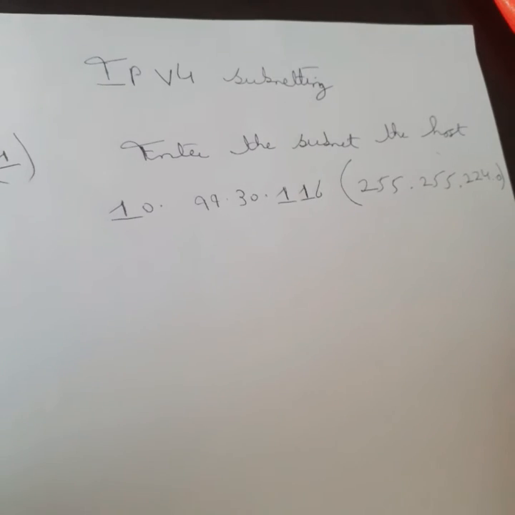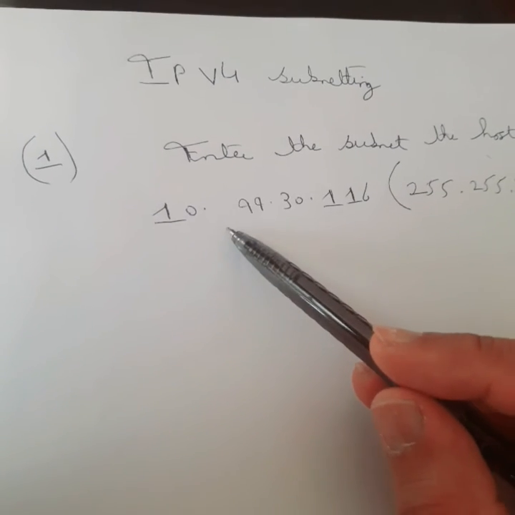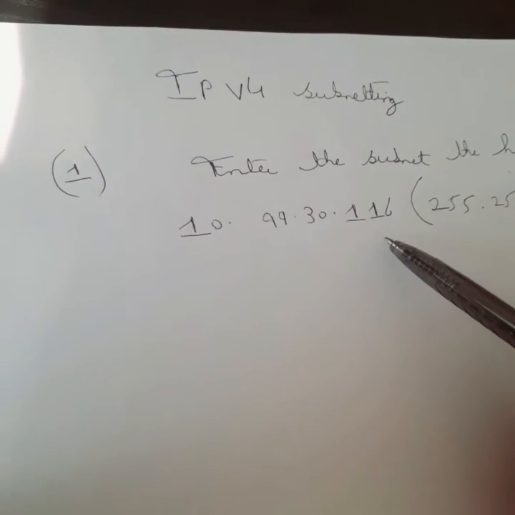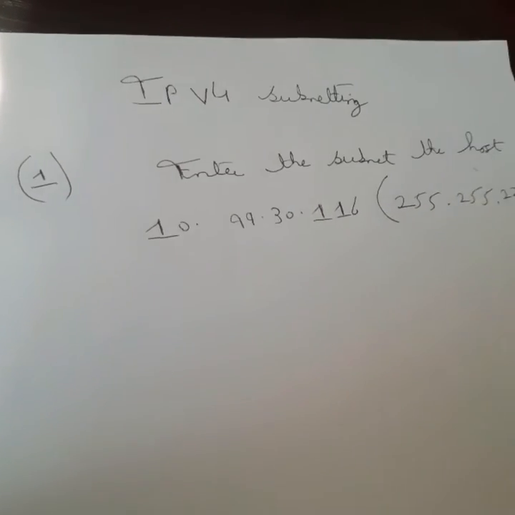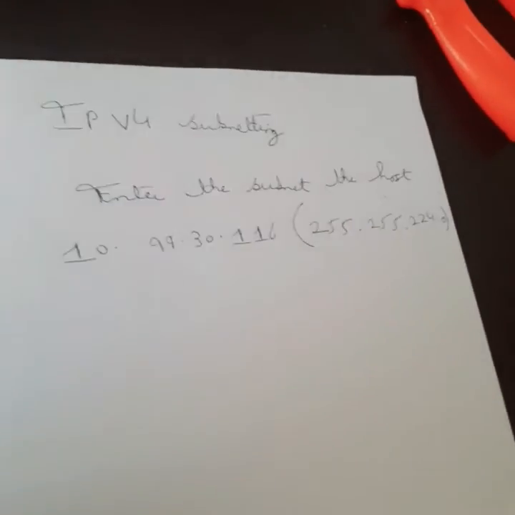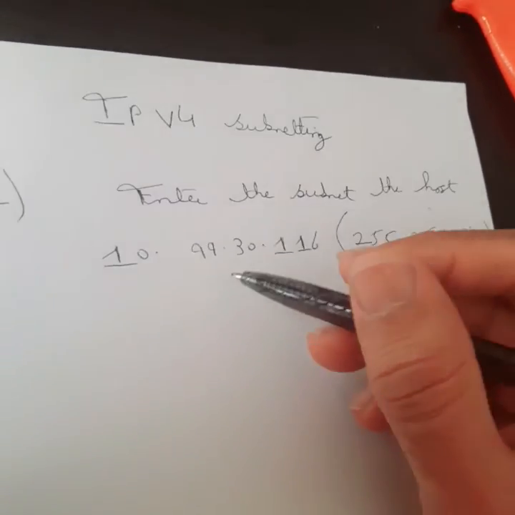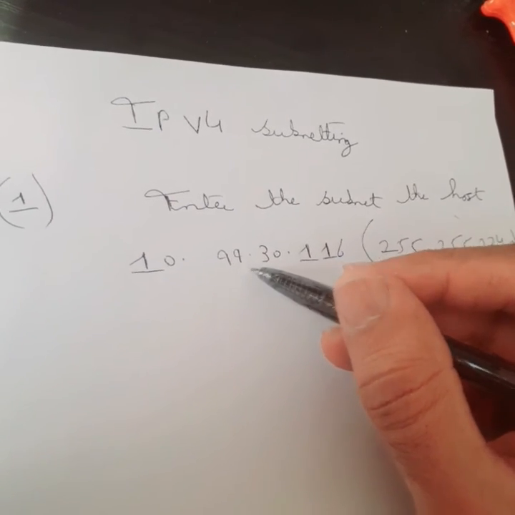Now see, this is a class B IP address. I think I'm still sleeping. This is not a class B IP address. Sorry, I'm back again. Right. So that's a class A IP address, as you all know.